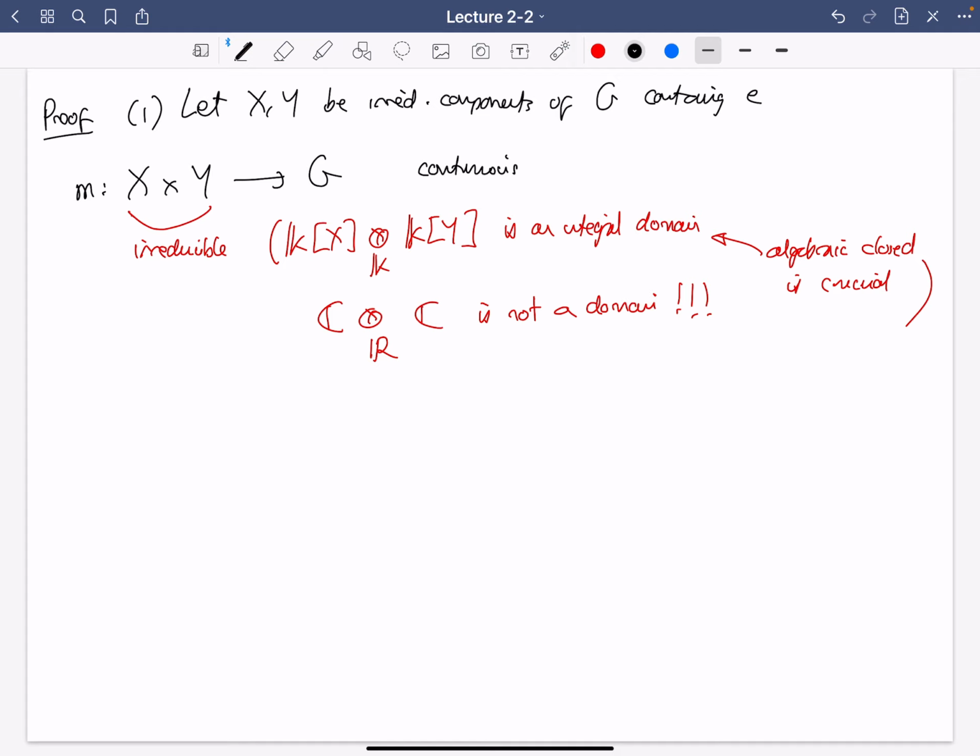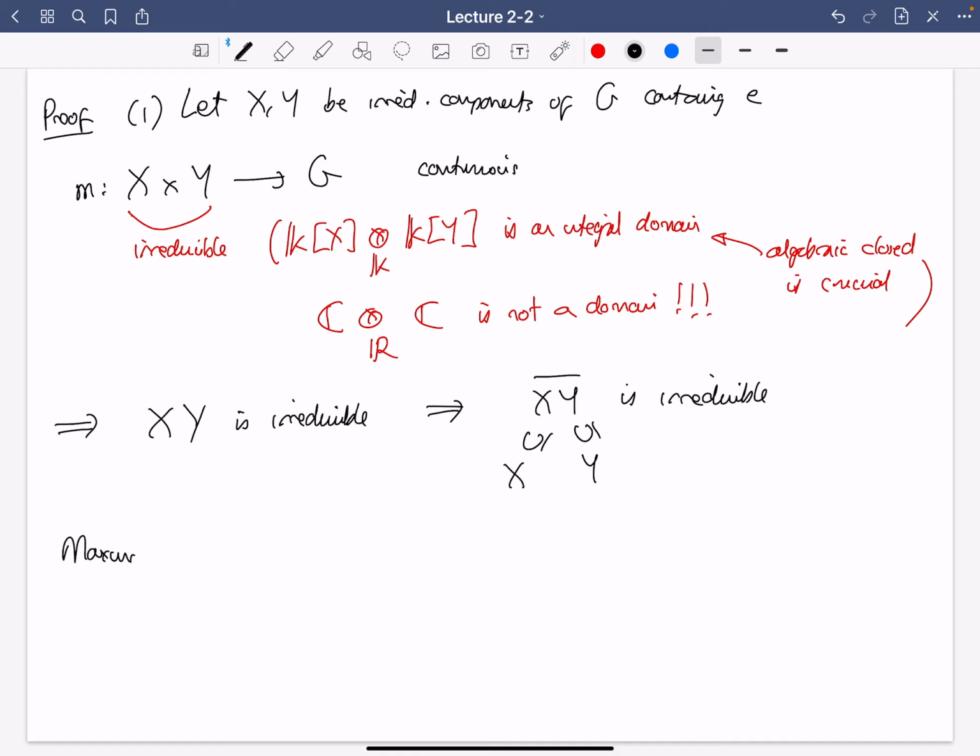Okay, so we've got this multiplication, it's continuous, so that implies that the product XY, that's the image of M, is irreducible, because continuous maps send irreducible spaces to irreducible spaces, and so actually the closure is a closed irreducible subset of G. And because Y contains the identity, X lies in there, and X contains the identity, so Y lies in there, and X and Y by definition are irreducible components, so they're maximal irreducible subsets.